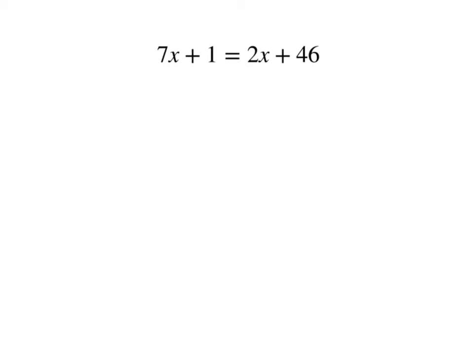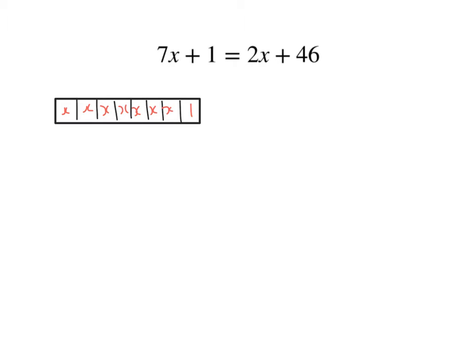I've got a bar and it's going to have 8 boxes in because it's going to have the 7x and the 1. So 1, 2, 3, 4, 5, 6, 7, 8. So 7x, x, x, x, x, x, x, x, and then 1.